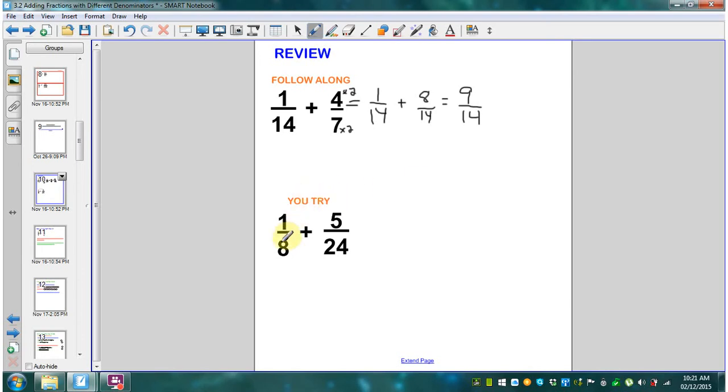Okay, by now you should have tried this one on your own. So here's your answer. We want common denominators on the bottom here. Can we multiply this denominator 8 by anything to get 24? Yes, we can multiply 8 by 3. So 8 times 3 is 24.